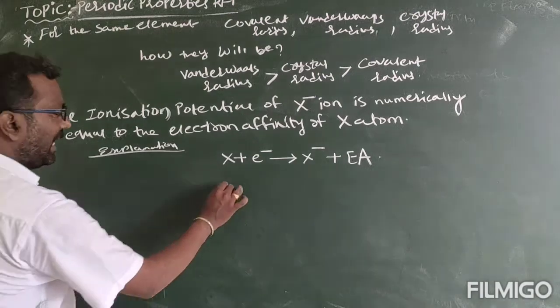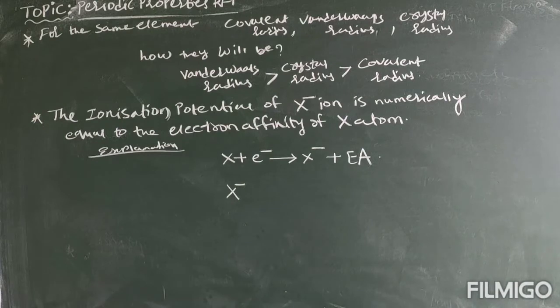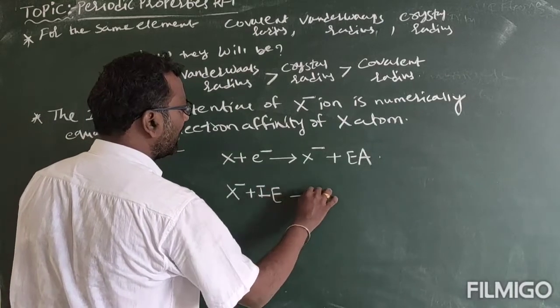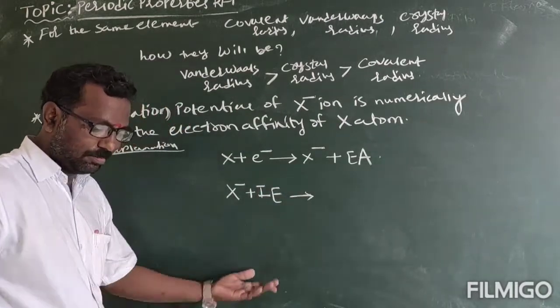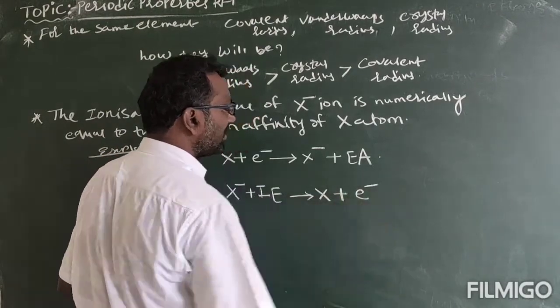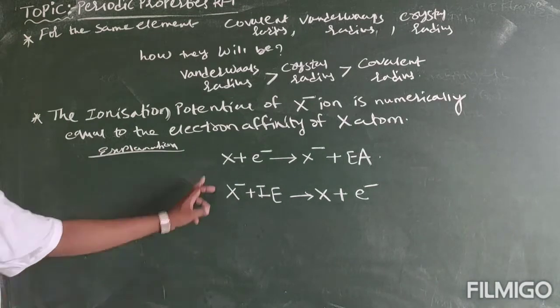Now the same X minus ion, that is the anion, when we add some energy, then it forms an atom and the electron is lost.